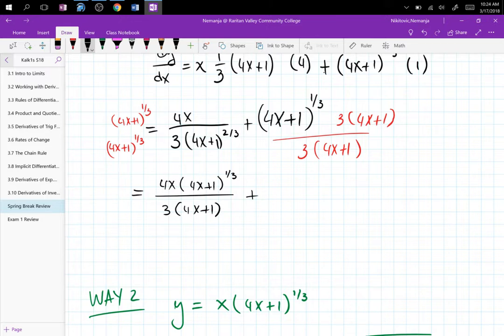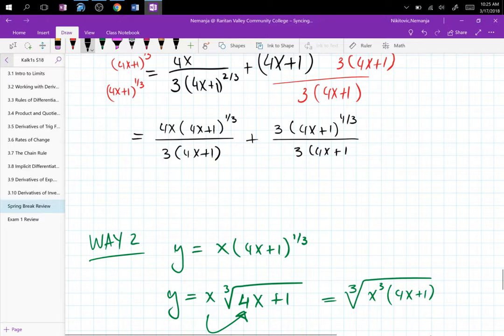Plus, and if you take a look on the other side, you have 3 times, there we go, 4x plus 1 to the 4/3, because this is 3/3 here, right? The exponent is 1. So 3/3 plus 1/3 is 4/3, divided by 3, 4x plus 1. Nice. All right, so now I have common denominator.